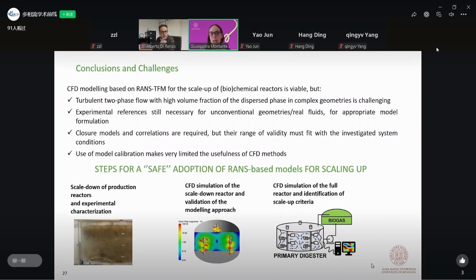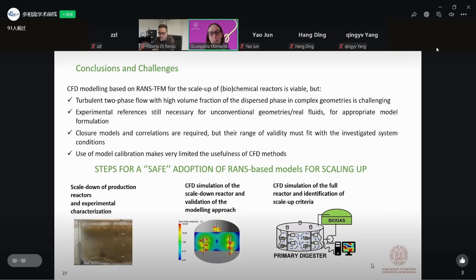Clearly, since we are in a very complex physics to describe, because of turbulence, because of two-phase flow, because typically high volume fraction of the dispersed phase, clearly we can have also solids and bubbles and droplets in the same reactor. So I limited the attention to two-phase systems, but it's not always the case.